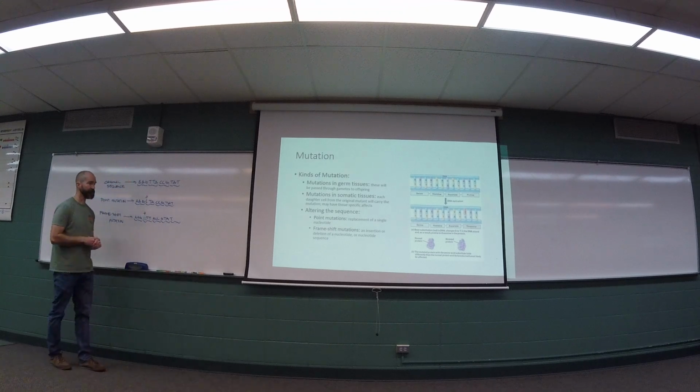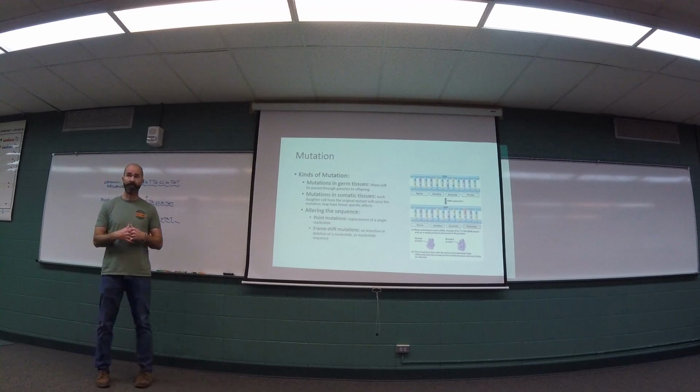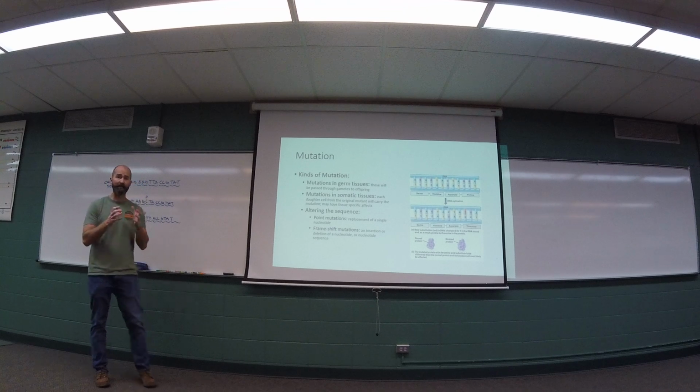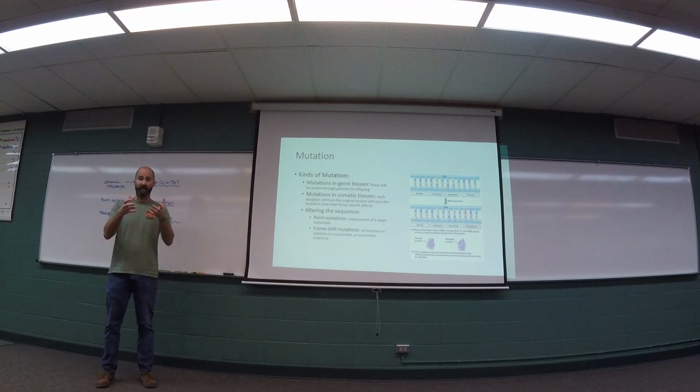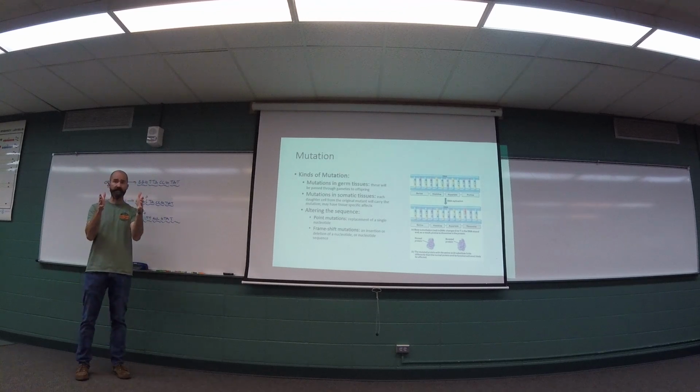The other kind of mutation, which seems a little bit more insidious and dangerous, are frame shift mutations. That's where either a portion of the DNA is removed or a novel portion is inserted. And this commonly happens with recombination events. The ultimate consequence of that is everything downstream from that mutation site is shifted a little bit.